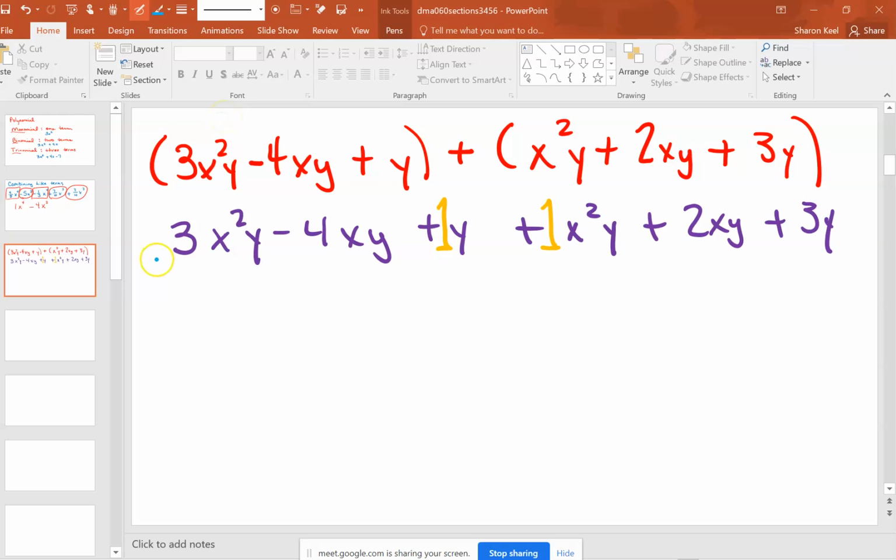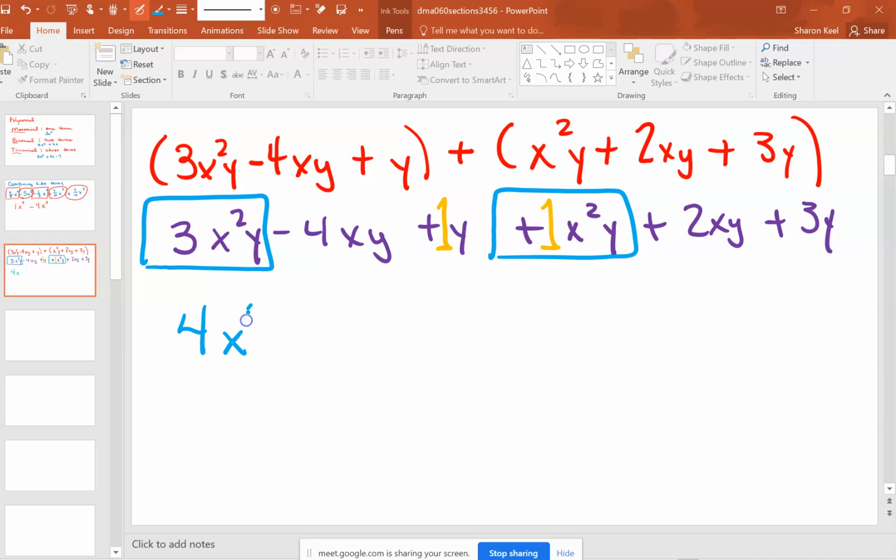So my first like term that I'm going to add is the one that has x squared with the y. These are the two items that have x squared with a y. So we have 3 plus 1. There was no number, so we have to add the understood 1. That gives us 4x squared y. Now we're going to combine the xy, where it's just a single x, a single y. So we have -4 plus 2.